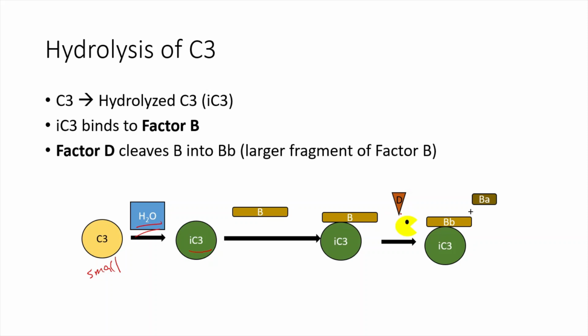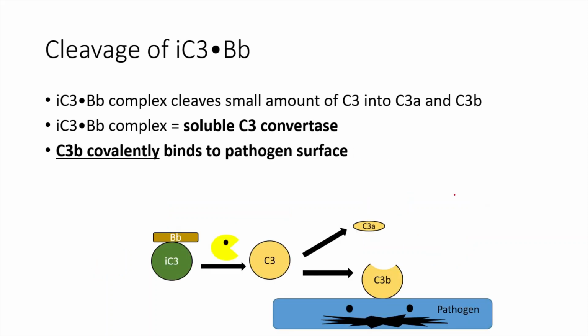Factor D does the cleavage, cutting factor B into two fragments, the bigger piece and the smaller piece. Moving along, this iC3 and Bb complex, in combination, we refer to as the soluble C3 convertase, meaning it is in the blood.